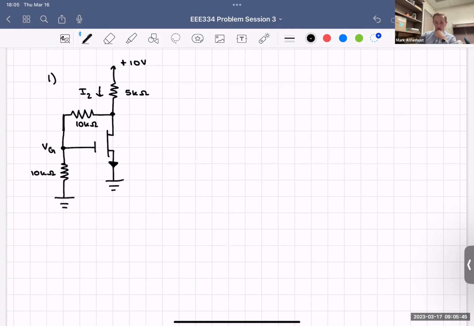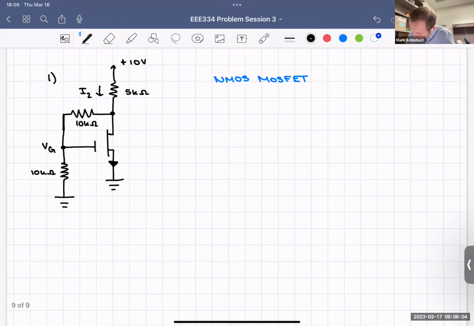We can see that this is, in fact, give me a second, which kind is this? PMOS, NMOS. This is an NMOS MOSFET configuration. So with NMOS, this here is going to be defined as our source. Here is going to be our drain. And as we've already defined, this is our gate. Awesome.